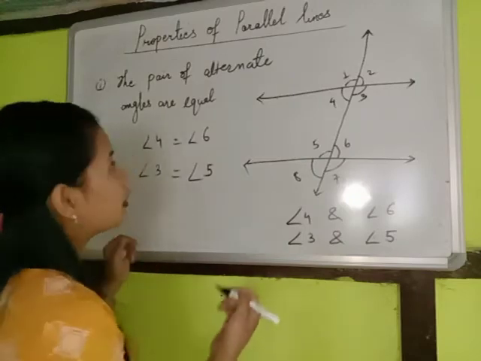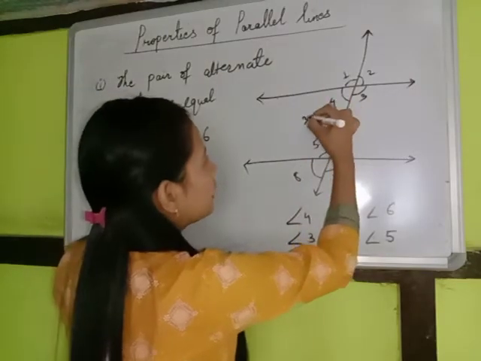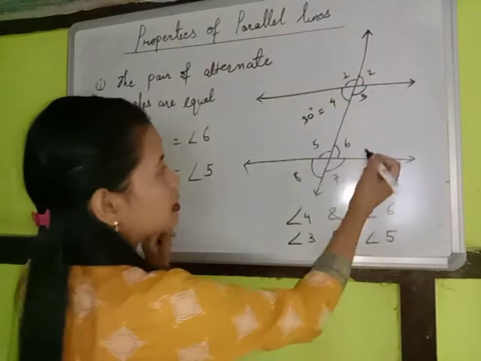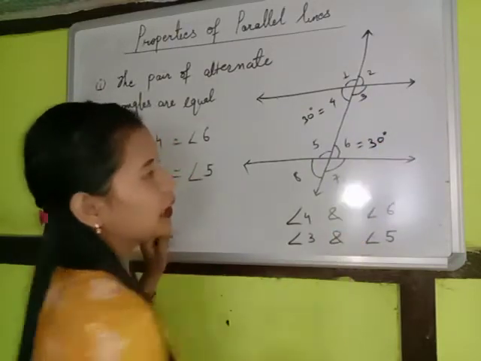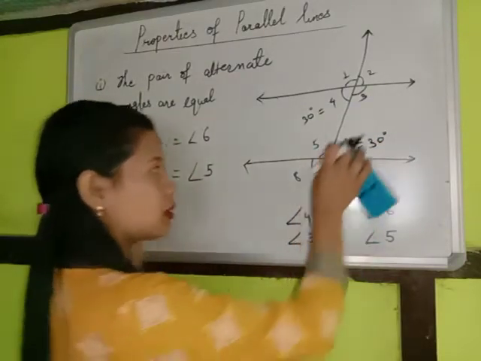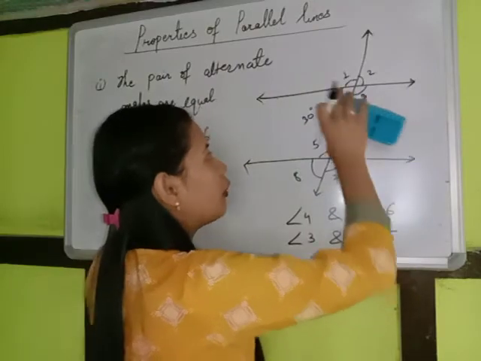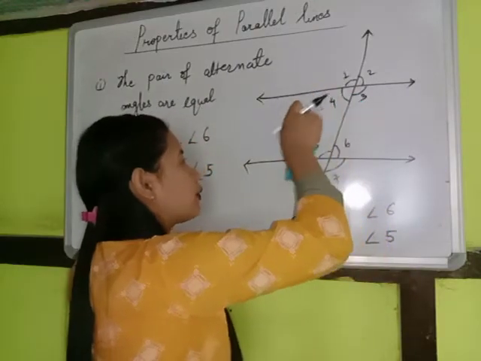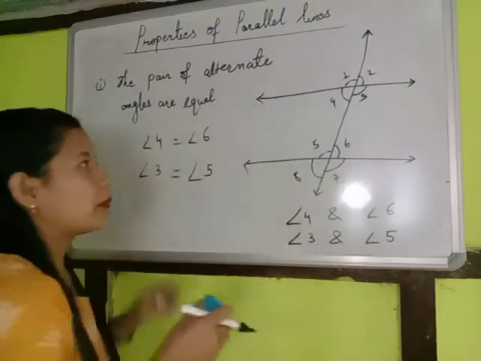If the measure of angle 4 equals 30 degrees, then angle 6 will also be equal to 30 degrees. So this is the first property.